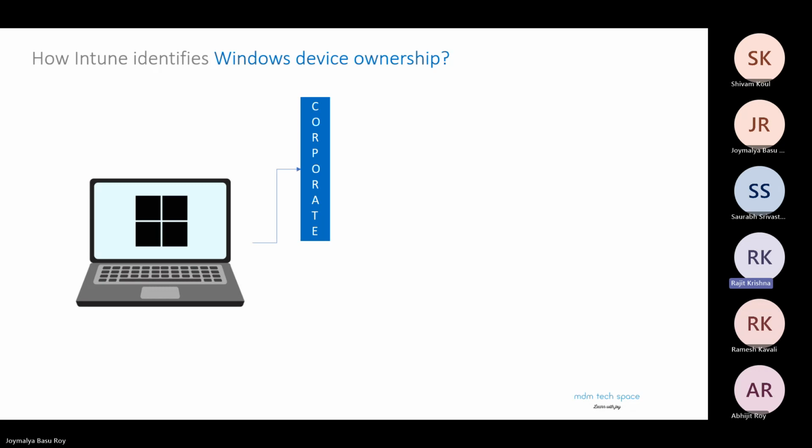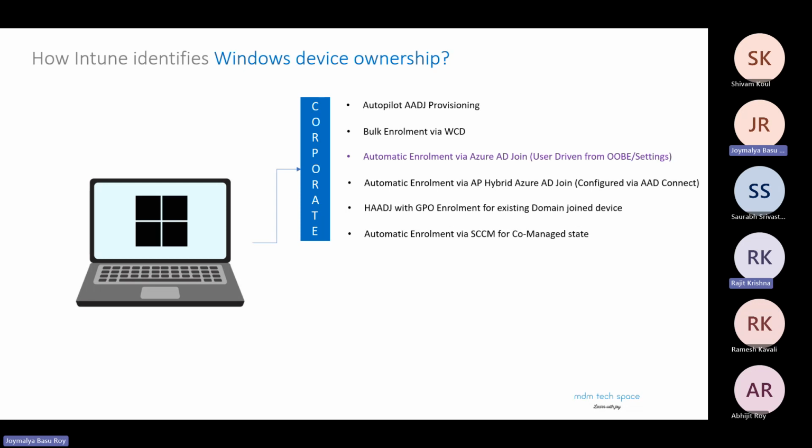Azure AD joined devices through auto enrollment, hybrid Azure AD joined devices through auto enrollment or GPO based. Good. These are all the enrollment processes that Intune will consider to tag the device as a corporate device.